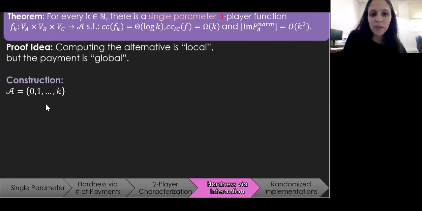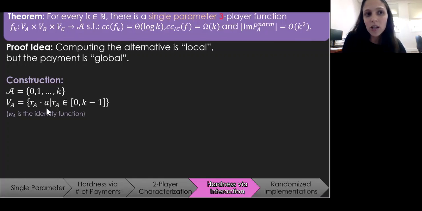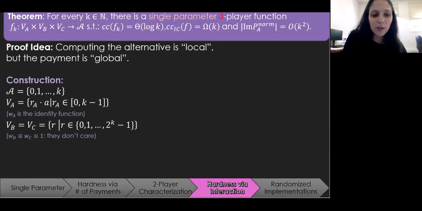Okay, so there are k+1 alternatives, and the evaluation set of Alice is such that her value for each alternative is the scalar that she holds multiplied by the alternative chosen. For example, if she holds the scalar 3 and alternative 3 is chosen, then her value for it is 9. The values of Bob and Charlie are similar to the value of Bob before.